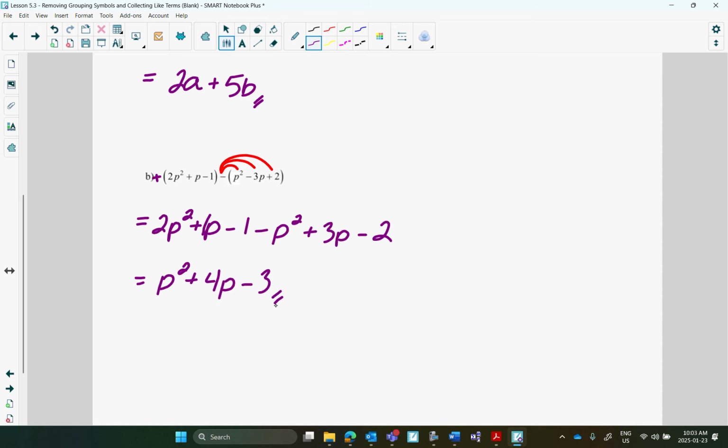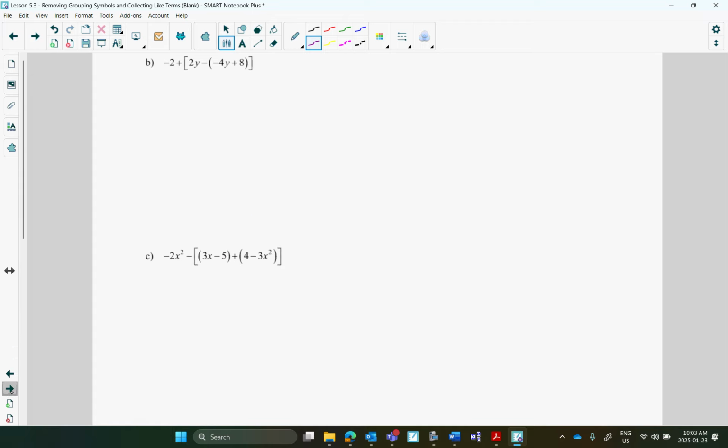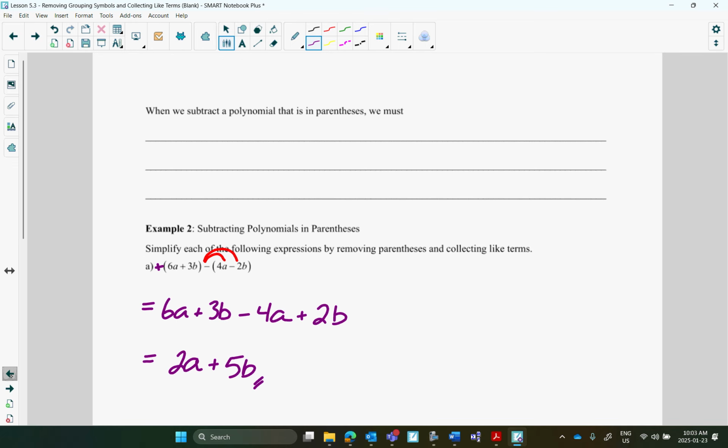Yes, 2p squared minus 1p squared is 1p squared, or just p squared. And 1p and 3p is 4p. Minus 1 minus 2 is negative 3. Okay?